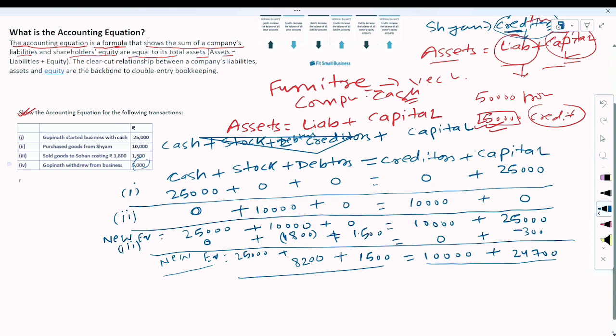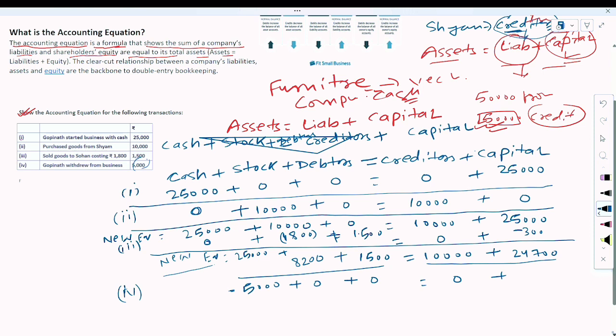Now the last transaction: Gopinath withdrew 5,000 from the business. It means Gopinath, who is the proprietor of the business, is withdrawing cash, 5,000, from his business. Suppose you have invested 10,000 in your business and you withdraw 2,000 for personal use, your cash value will decrease. Here, 5,000. There is zero impact on stock, debtors and creditors, and this cash is also the capital of your business.